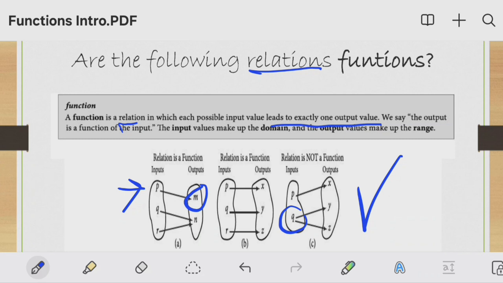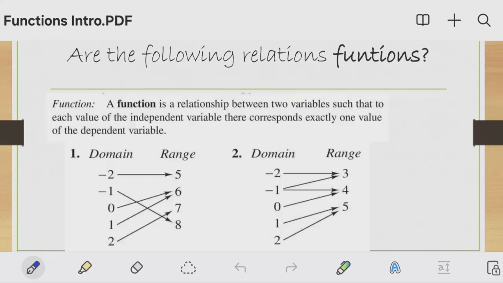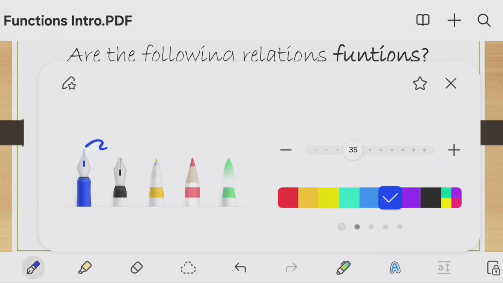So right now, here we want to know whether the following relations are functions. Just a reminder, we said a function is a relationship, of course, between two variables, such that each value of the independent variable corresponds to exactly one output value.